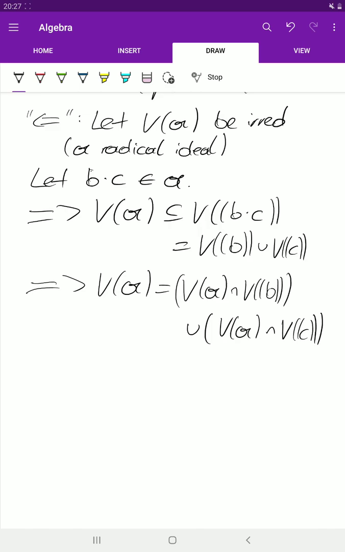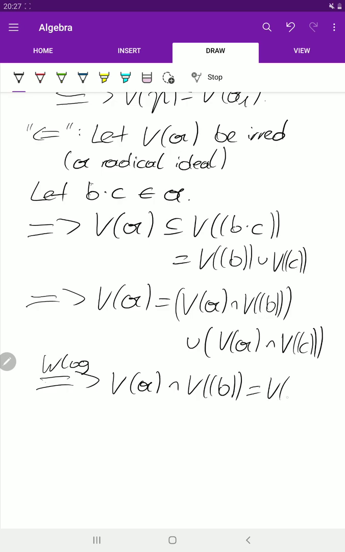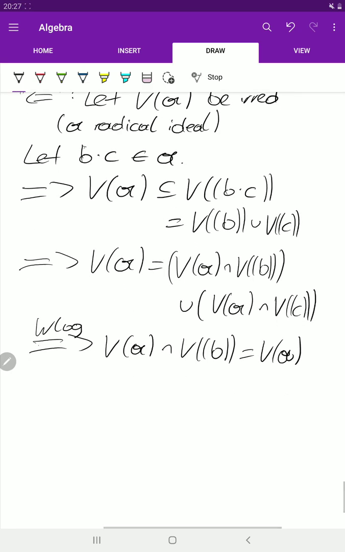And now we get by irreducibility that without loss of generality, V of A intersection V of B is equal to V of A. And well, that's V of A union with the ideal generated by B.